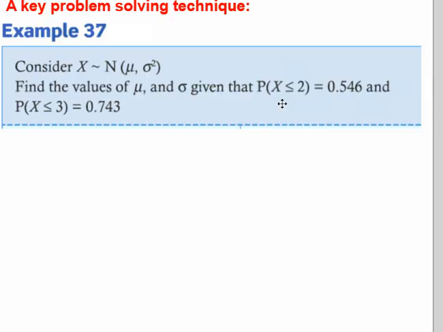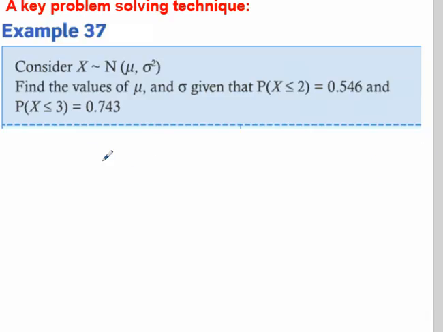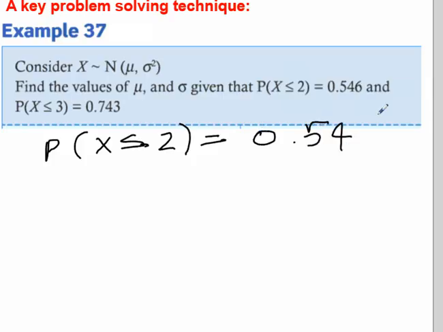So if I just take the first one, the probability x is less than or equal to 2 is 0.546.